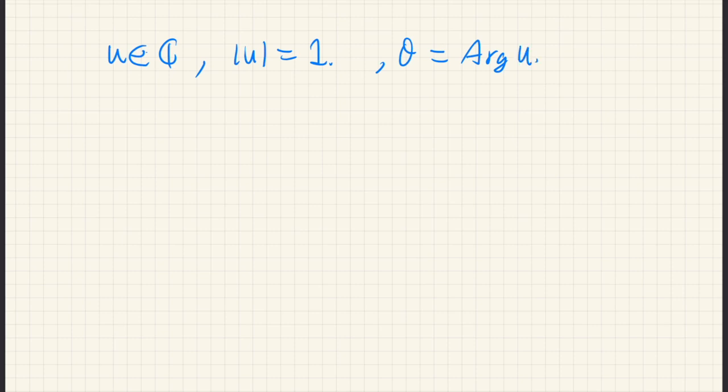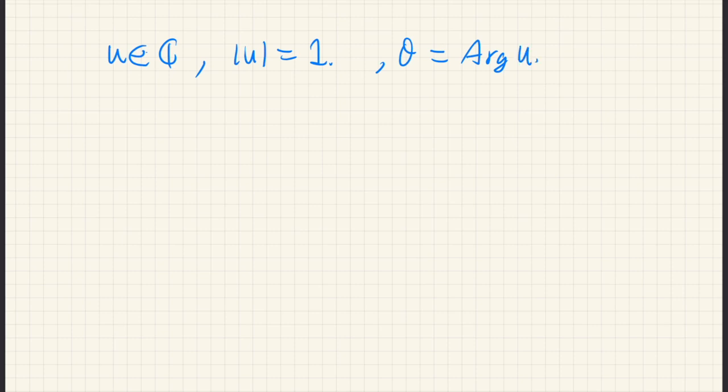Okay, so let's define sine and cosine, actually cosine and sine maybe. So let u be any complex number with absolute value of 1. And let the principal argument of u be theta. Okay.